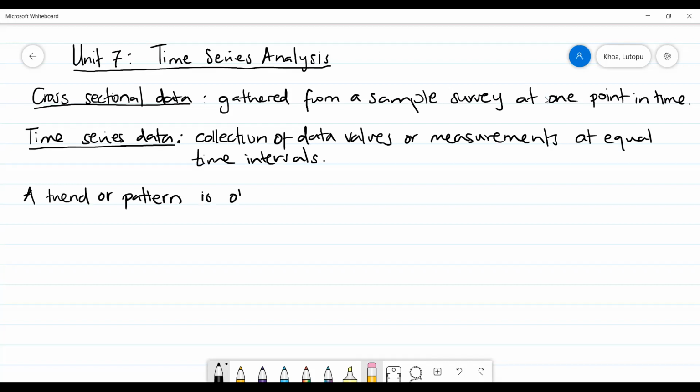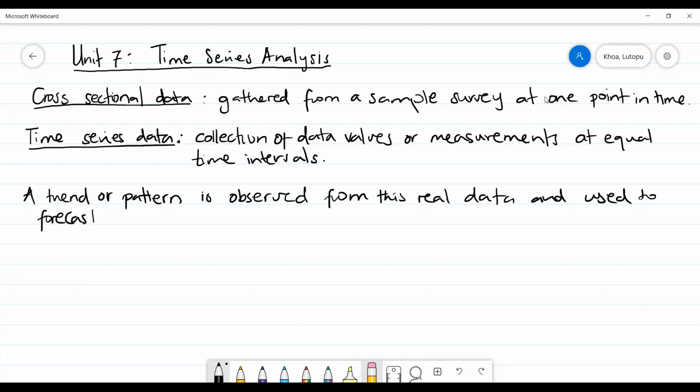This is observed from real data, and is used to forecast future events, and thus help us to plan.